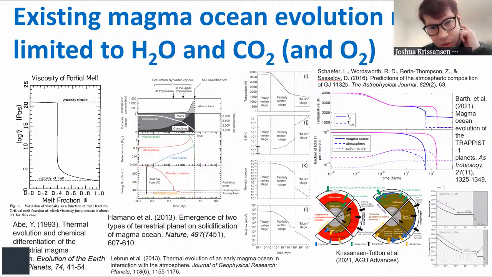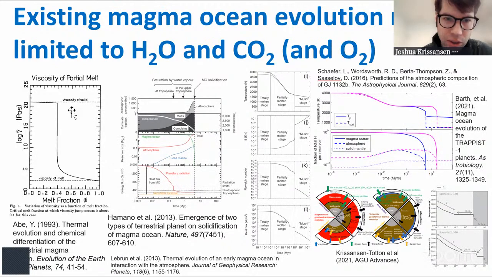Okay, so to tackle this question, there are not off-the-shelf models that you can use. A lot of the evolutionary magma ocean models that have been previously used to understand terrestrial planets are limited to more oxidized atmospheres, water and CO2, and maybe oxygen, so secondary atmospheric compositions, based on the fact that Earth's mantle is fairly oxidizing.